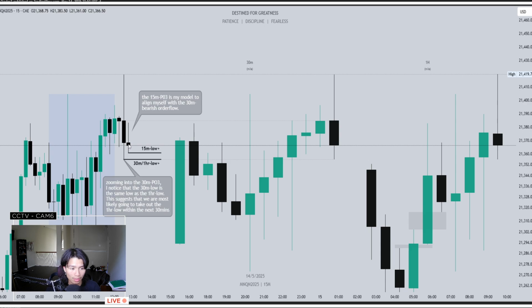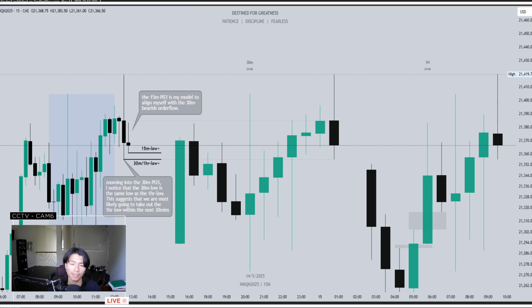So within the next 15 minutes, we should open, manipulate higher, preferably towards some sort of fair value gap, and have that fair value gap send us lower, attacking the 15-minute low and the 30-minute low. So that's my model, right? That 15-minute candle suggests lower prices.